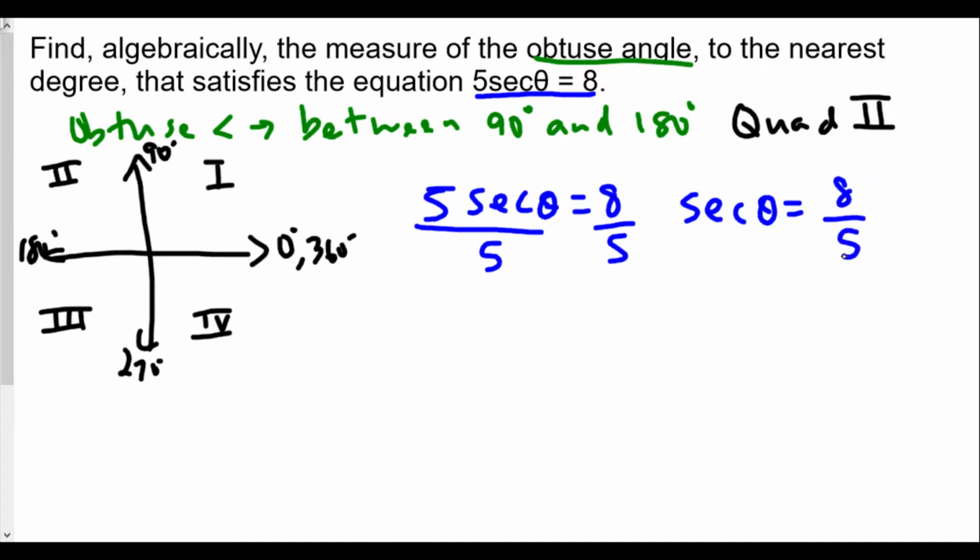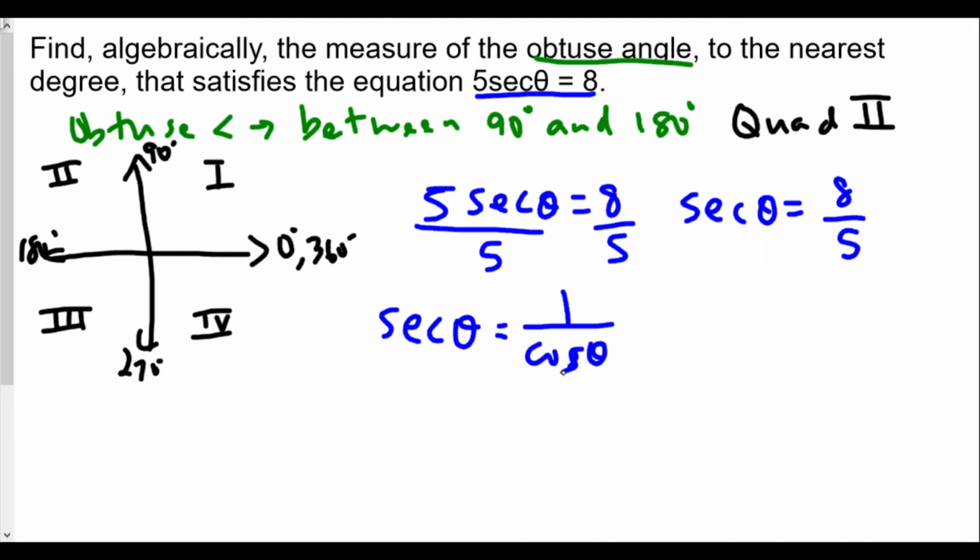Now you're looking on the calculator. Where is my secant button? There is no secant button, ladies and gentlemen. Instead, since secant of theta is equal to 1 over cosine of theta, we're just going to replace it.